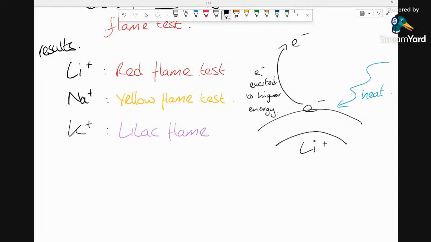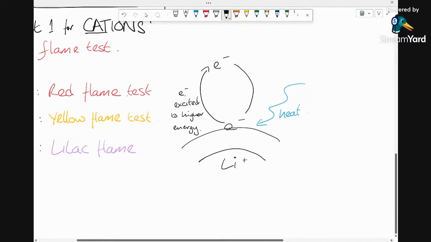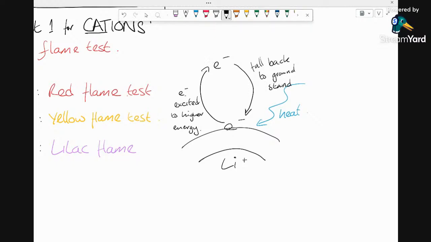Then what happens is it will fall back down to ground state. So this is like the heat from the Bunsen burner.